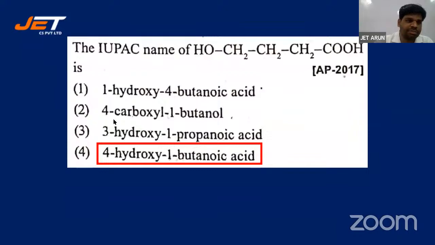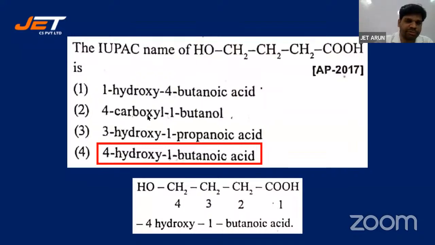Excellent. Most of the students have gone right, but there are students who've gone wrong. Let us see how do we number the carbon atoms attached to the functional groups. Look at this. I give number 1 to the first carbon atom attached to the OH group.